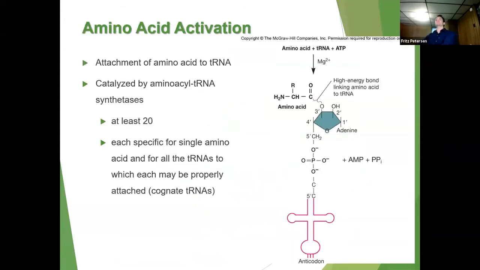So how are these amino acids activated? Amino acid activation is also known as aminoacylation or tRNA charging, and it refers to the attachment of the amino acid to its transfer RNA. This is catalyzed by aminoacyl-tRNA synthetases, of which there are 20, and each is specific for a single amino acid and for all the tRNAs to which it may be properly attached. So these are cognate tRNAs.